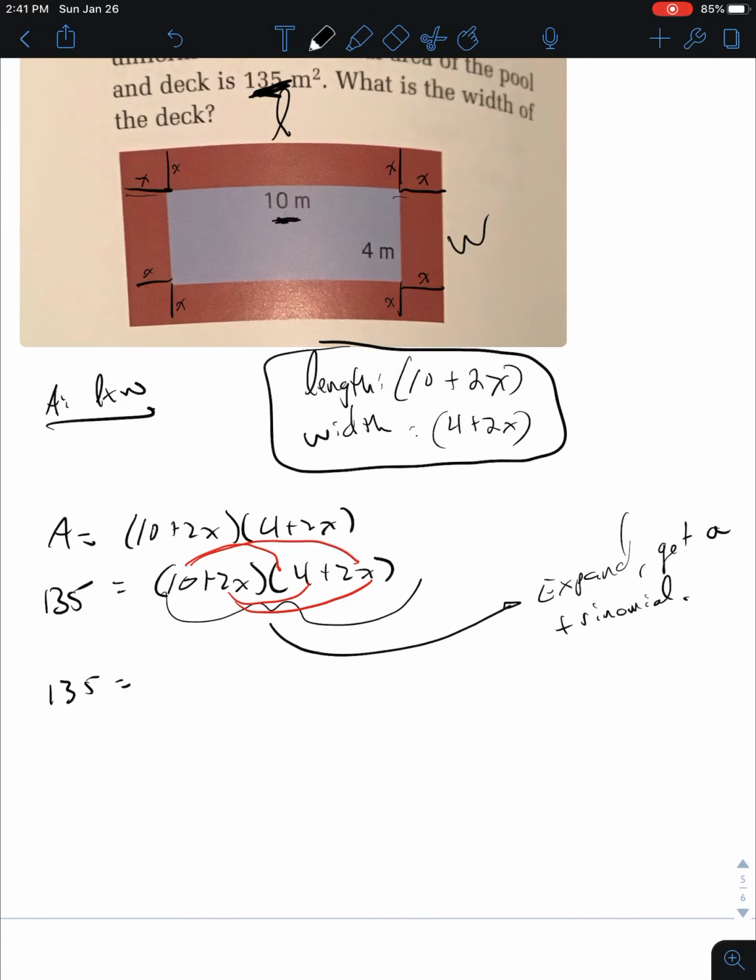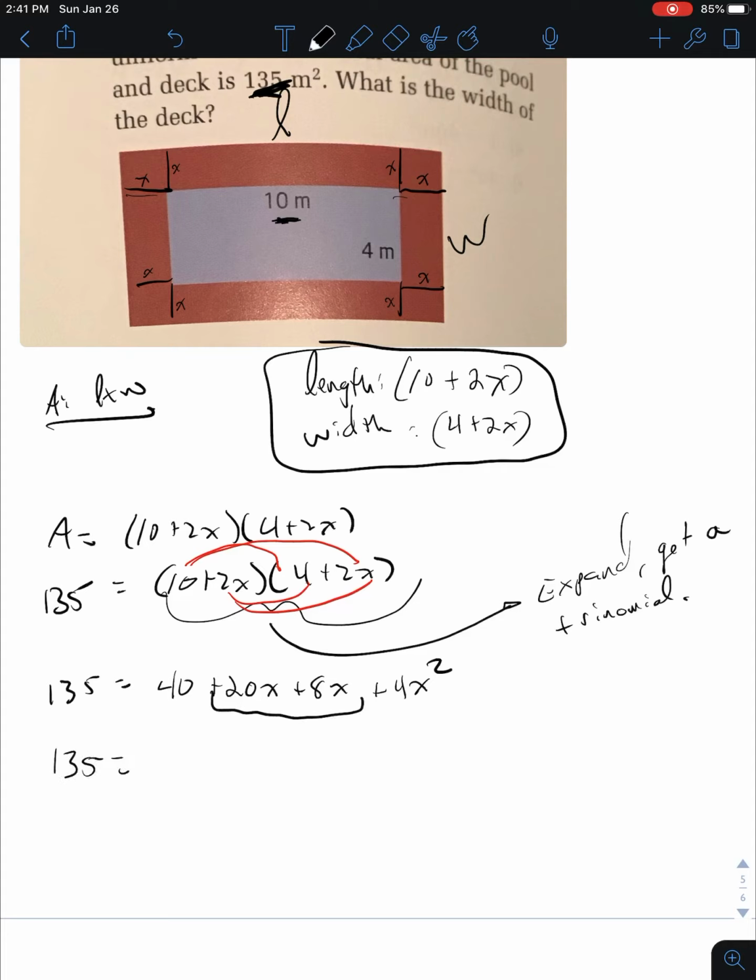I'll draw my arrows so everybody knows what's going on. 10 times 4 is 40, plus 20x, plus 8x, plus 4x squared. I'm just going to rearrange this.